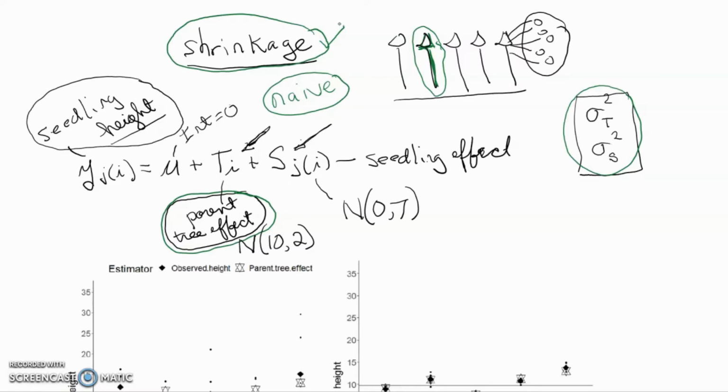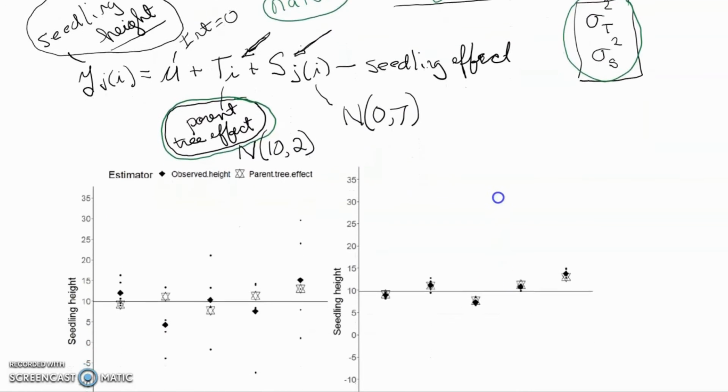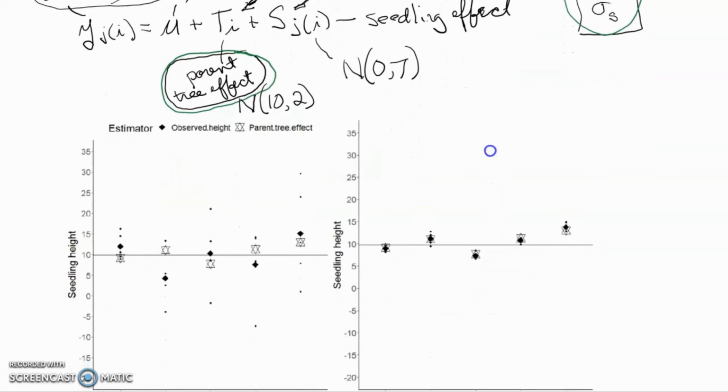So we've got these 25 seedling heights, and here we see a plot. So what are some of the important features of this plot? Well, this horizontal line right here is the average seedling height.